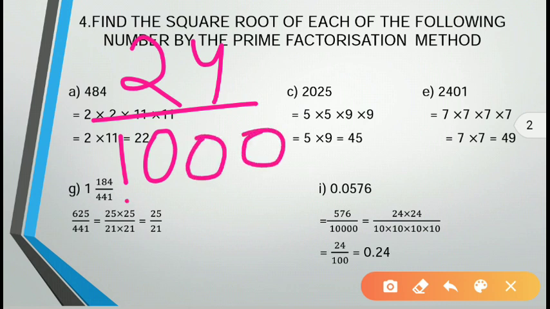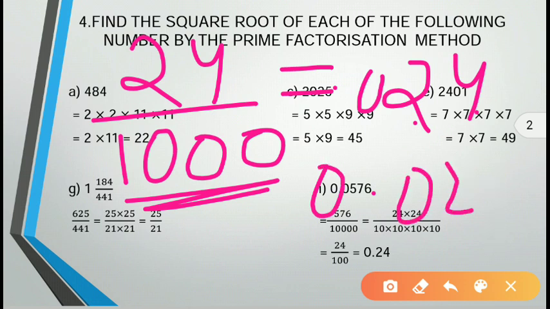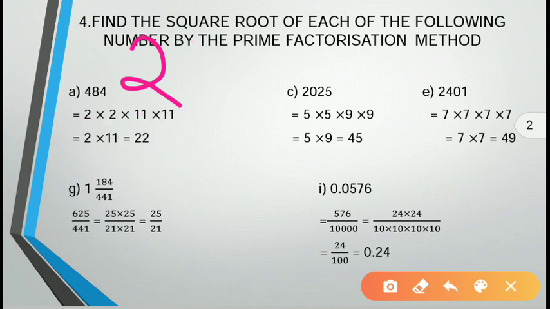Clear? It means after 3 digits you put a decimal, but how many digits are there in the numerator? Only 2 digits, so you write a 0. Now 1, 2, 3, put a decimal here, meaning 0.024.